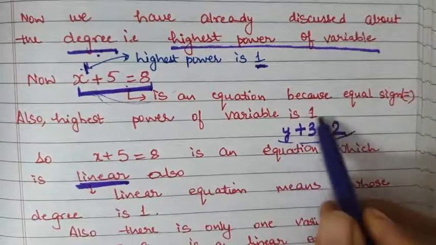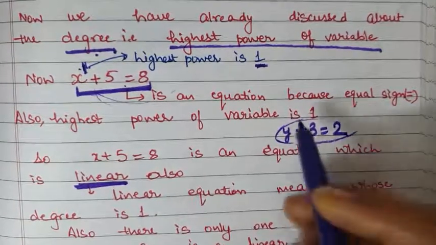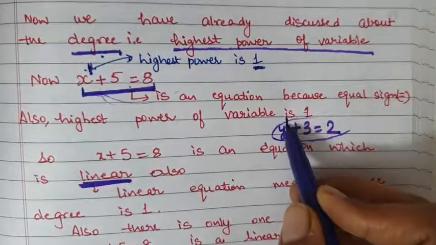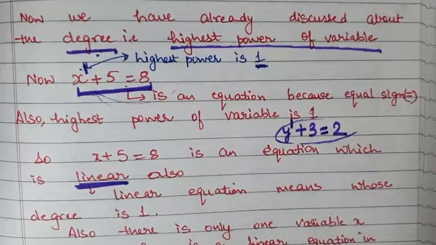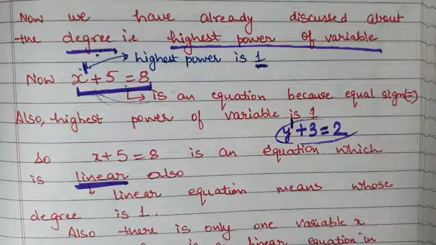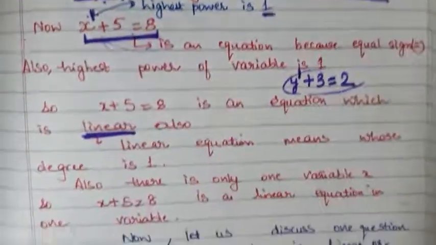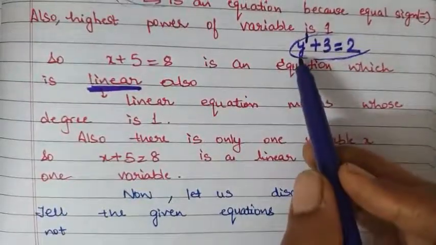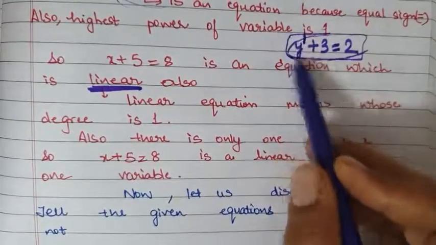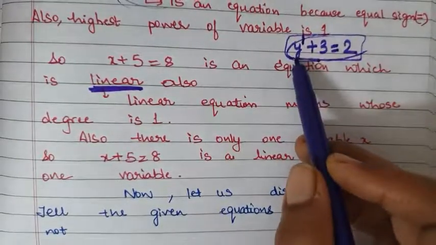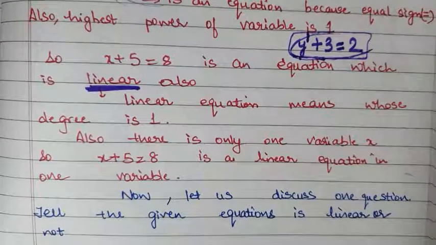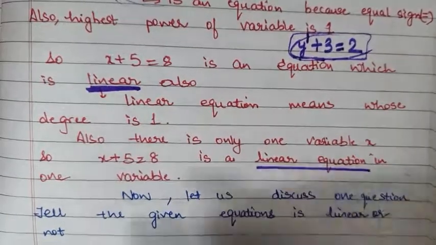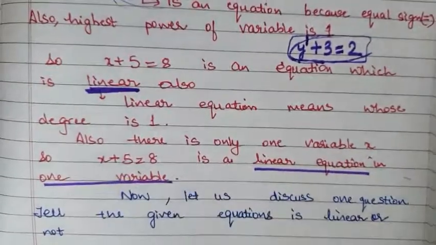This is a linear equation because the degree is 1, and an equation because there is an equals to sign. Also, if you see, there is only one variable, that is y. In this chapter we will discuss linear equations in one variable only.